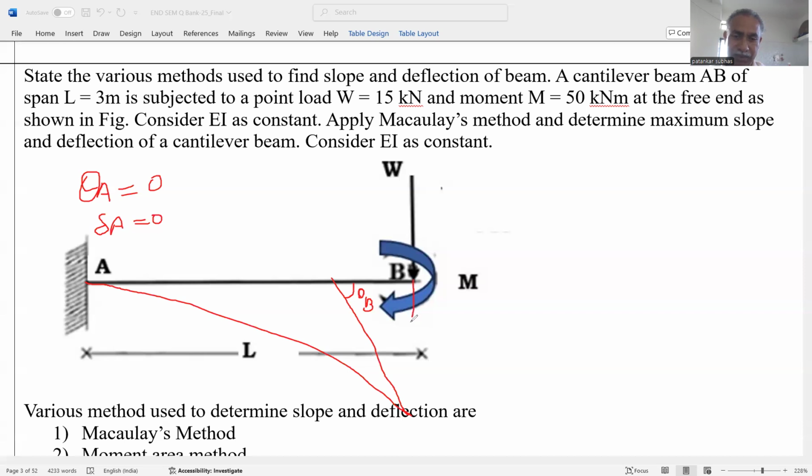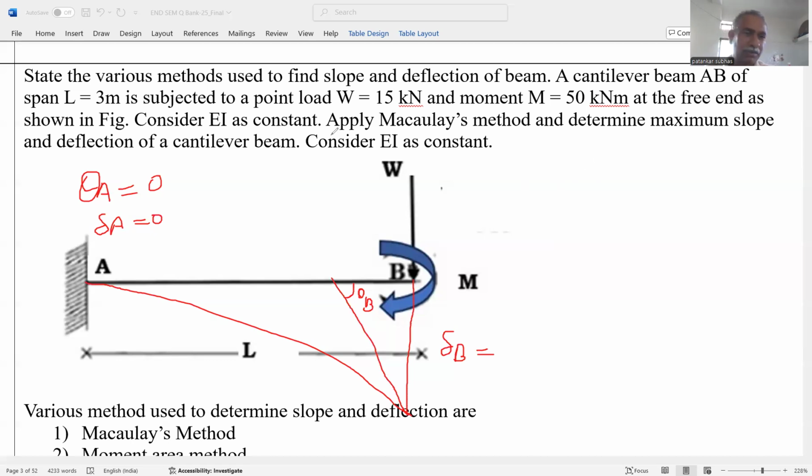Similarly, when we measure this distance, that gives the deflection at B, which is maximum. That means at the fixed end, slope and deflection are 0, but at the free end, slope and deflection will be maximum. This is the beauty of the cantilever beam.